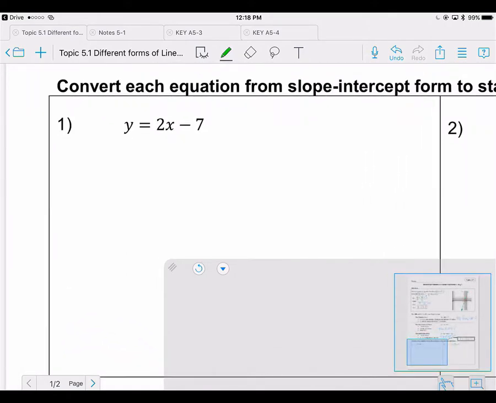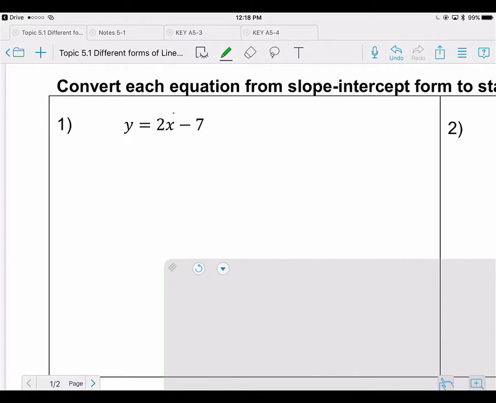So on problem 1, I know that x and y have to be on the same side. So I'm going to take 2x and move it to be on the same side as y. Remember, when we move things, we create opposite signs. We can't just put it over there. We have to physically move it. If you are someone who struggles with lining up or accidentally adding terms that are not like terms, then you might want to start writing things on, like, my y's go here, my x's go here, and notice that I did not line them up.